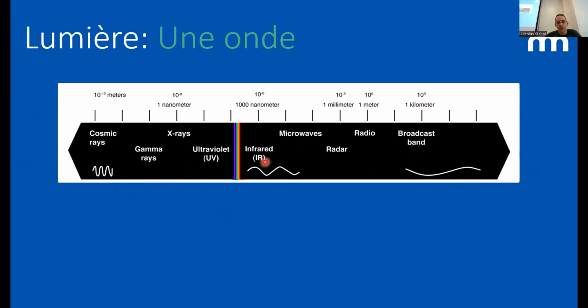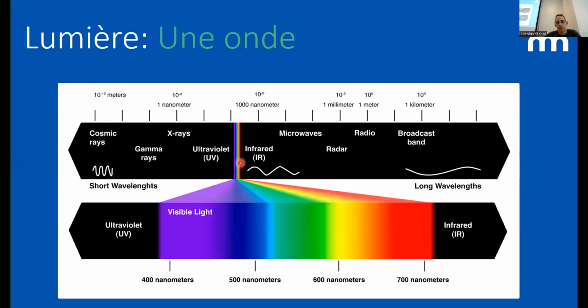And in the middle, you have what you can see, the visible light. Just to show you that we only see a very narrow portion of the electromagnetic spectrum, between 400 and 700 nanometers of distance between the peaks. So our eyes are very limited in the range we can see.